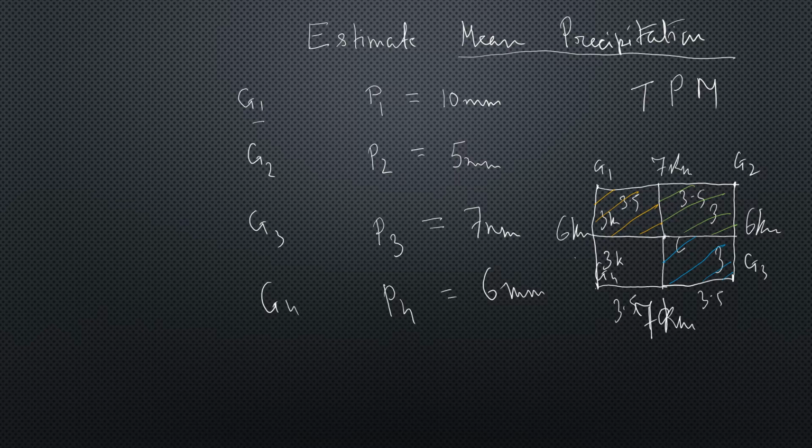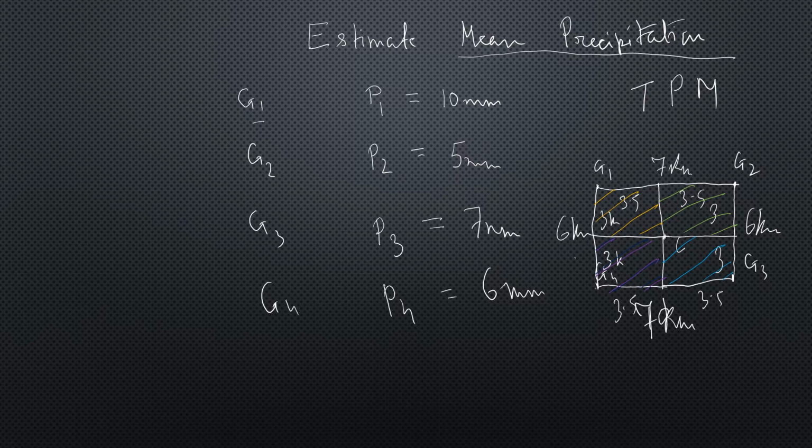This will be another polygon, and this is another polygon. Now this polygon, which is actually a rectangle, as we can see this is 3 km, this is 3 km, as it is perpendicular, this is parallel, so 3 km, 3 km, 3.5, 3.5. So this is a rectangle.